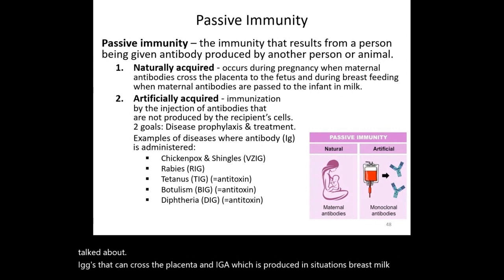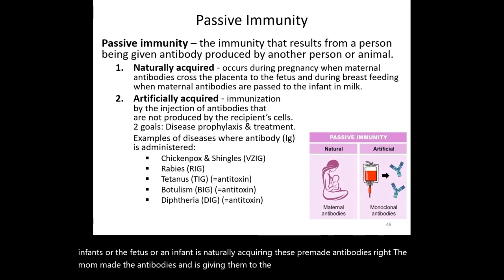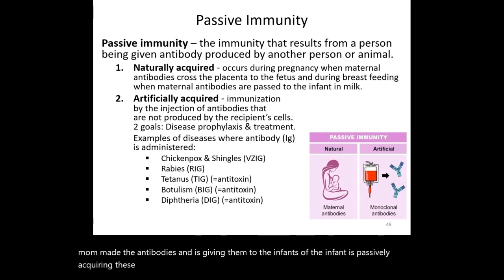So the fetus or an infant is naturally acquiring these pre-made antibodies. The mom made the antibodies and is giving them to the infant. So the infant is passively acquiring these antibodies in a natural fashion.